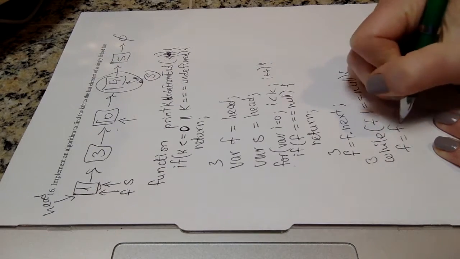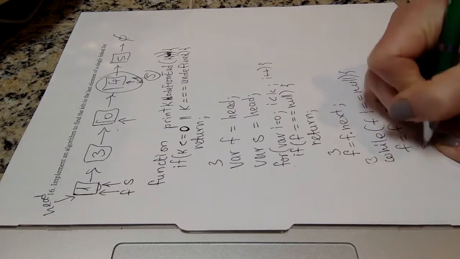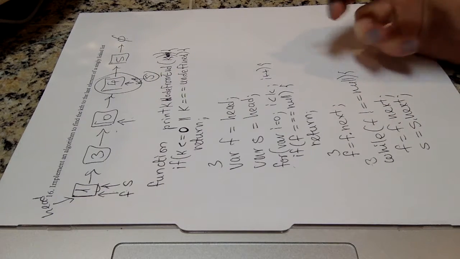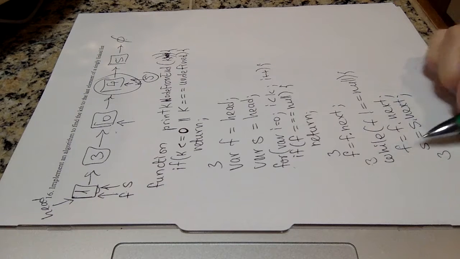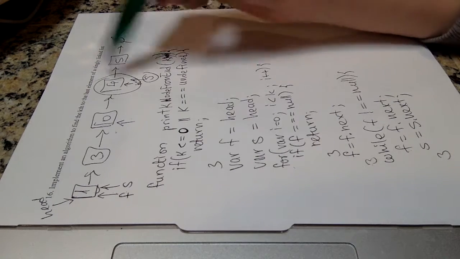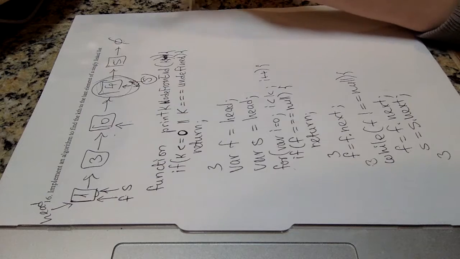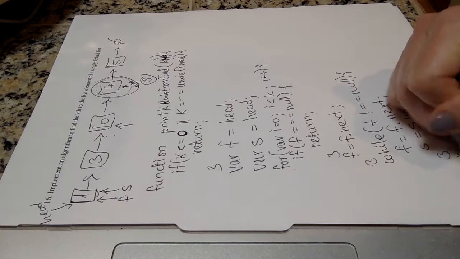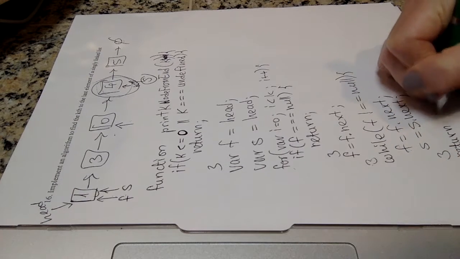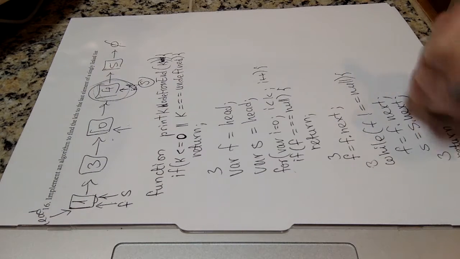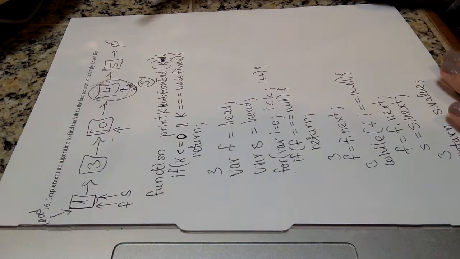So f equals f dot next, second equals second dot next, and then when my first pointer reaches null, that means that my second pointer will be exactly at the k-th from the end, because this is the difference between them, and then I need to return s dot value of my second, and this is my function.